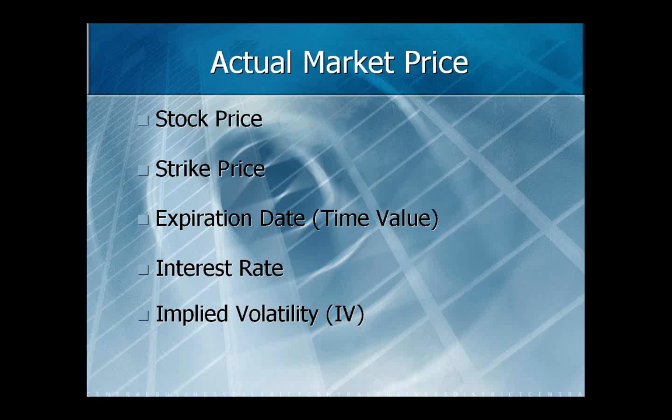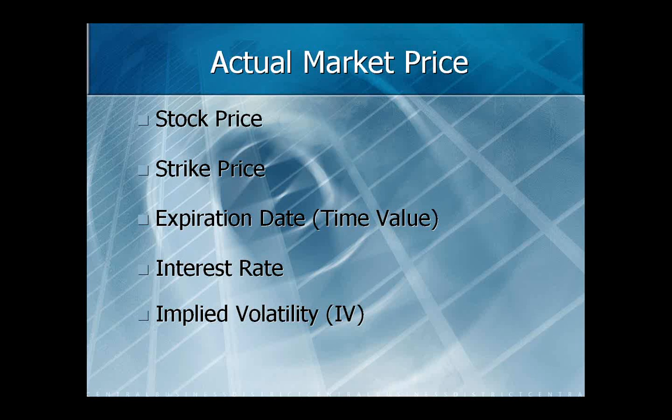And when that implied volatility, that future fear, if you will, goes up, you've heard that the VIX is the fear index, that's going to drive up the price of the premium over the fair market value, which is based on the historical volatility, which we already know. So the only factor between what the premium should be priced at and where it's actually priced at, the only variable is the implied volatility.